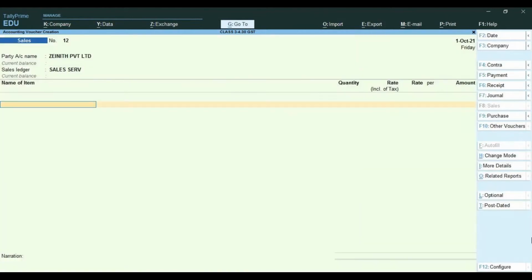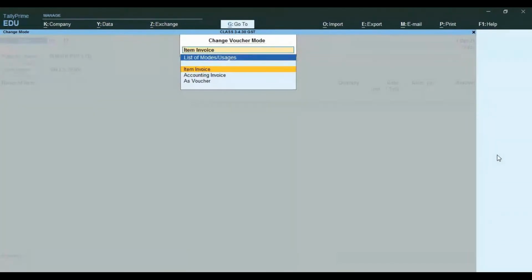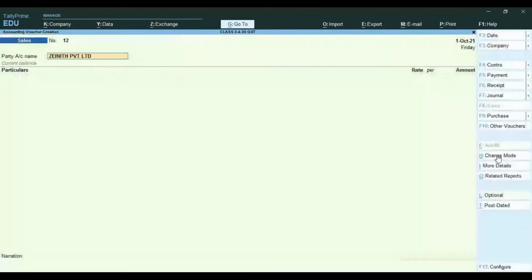So you don't have any items here, correct? You change the mode to accounting invoice.